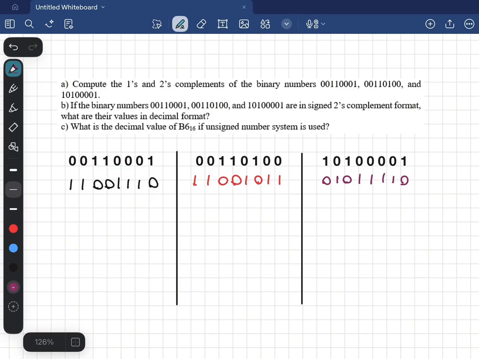These are the 1's complements. Now going to the 2's complement, we will just increment the 1's complement by 1, and that will be our final answer. And that is our final answer for the 2's complements.